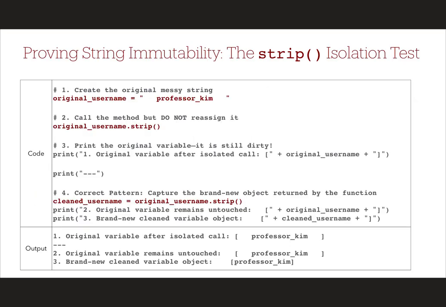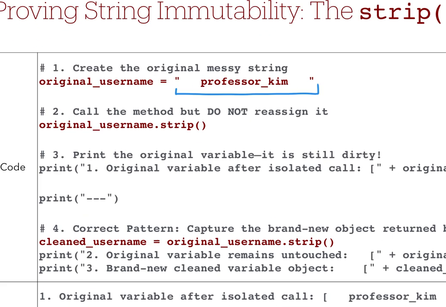Suppose that I have this character string. If I call string function, this will generate Professor underscore Kim. It will create this for a moment.